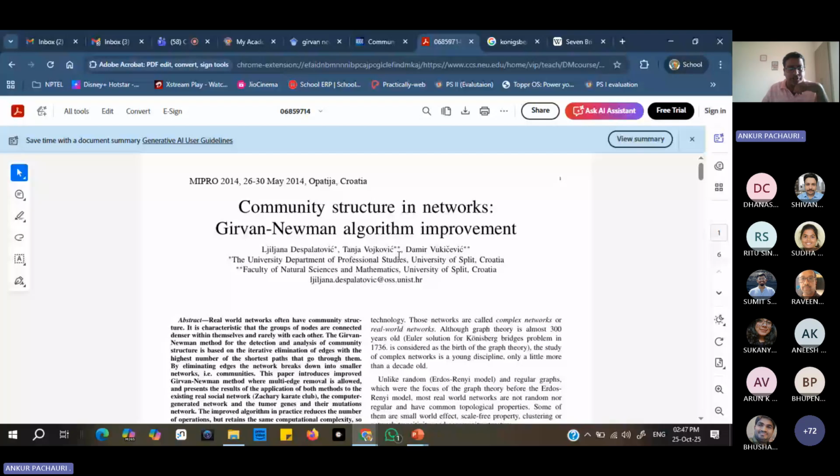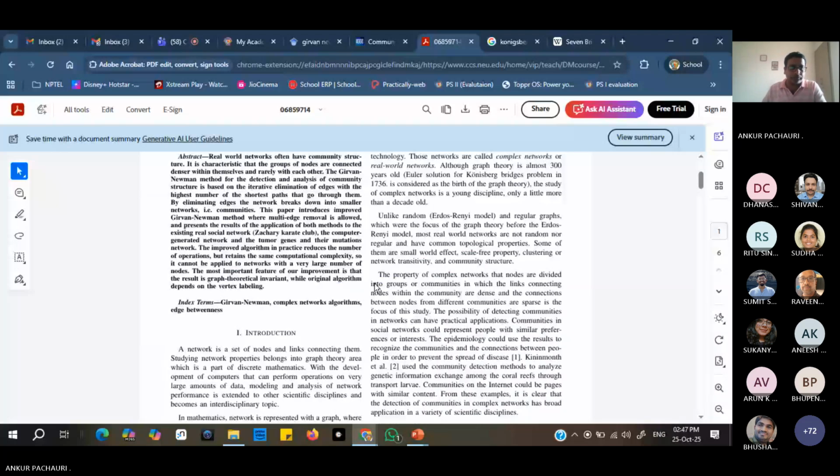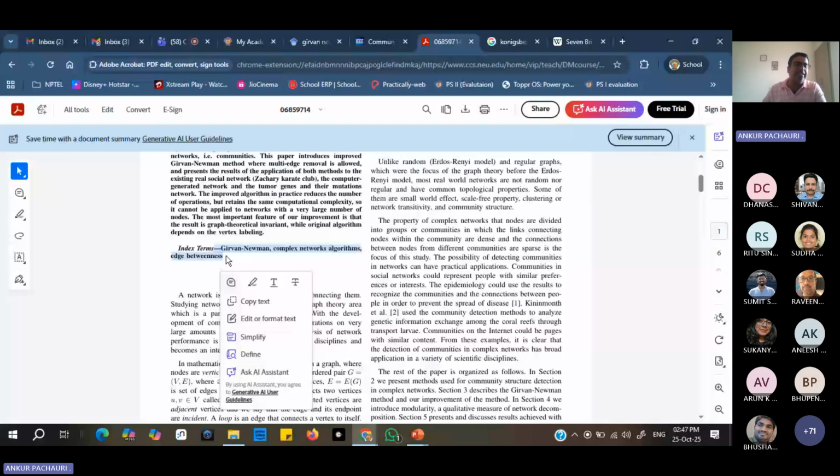These are their affiliations, where they are working. Then we have some index terms, keywords we say. Just by looking at the keywords, I can identify what type of paper it is and what it is working on.